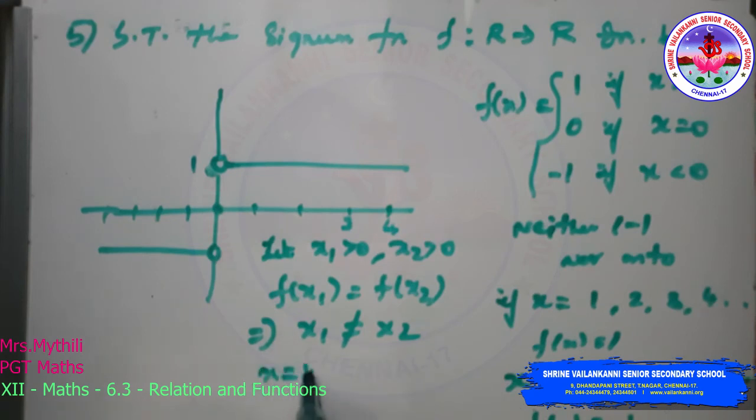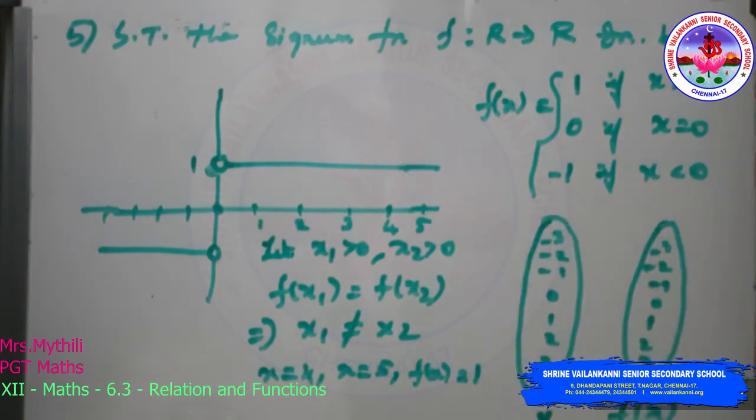If we take x equal to 4 and x equal to 5, then f of x is 1. So x has different elements but the images are the same. The images are the same but the elements of x are different, so x1 is not equal to x2. So f is not a one-one function.